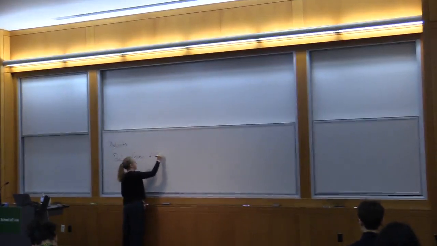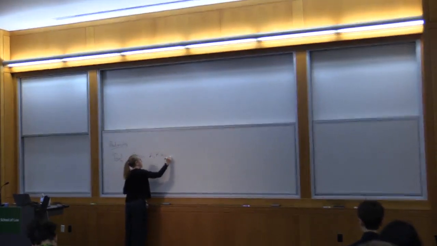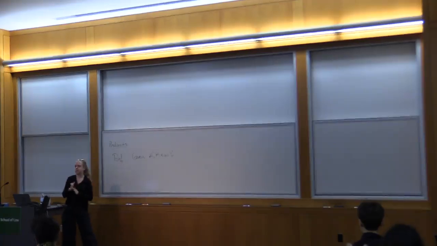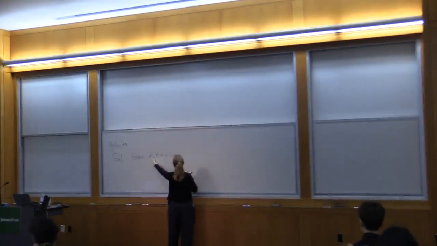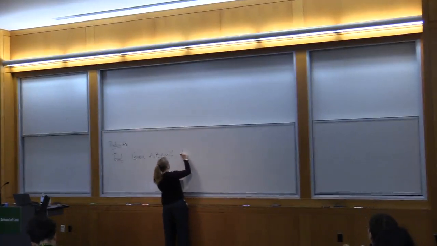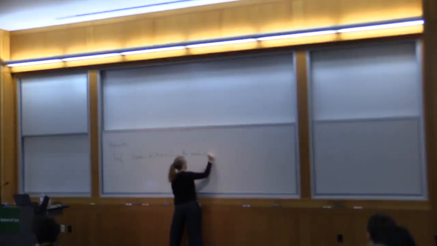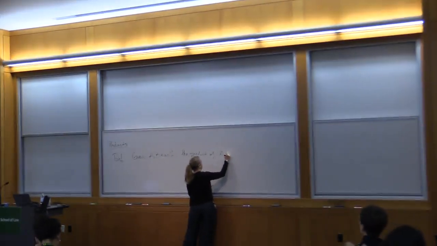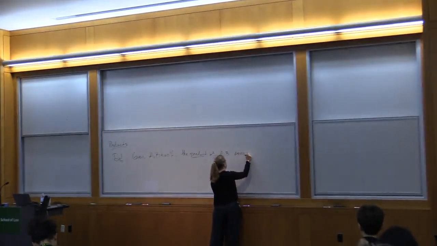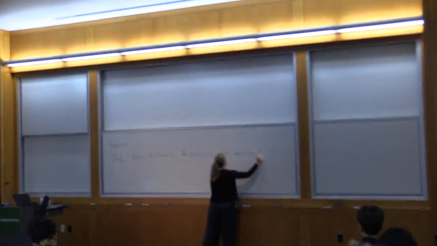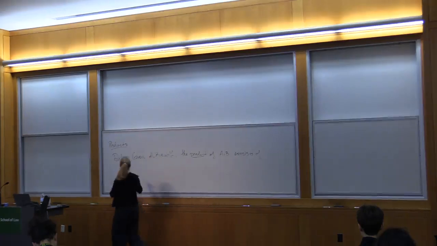Given two objects in a category C, called A and B, a product of A and B consists of some pieces of data.